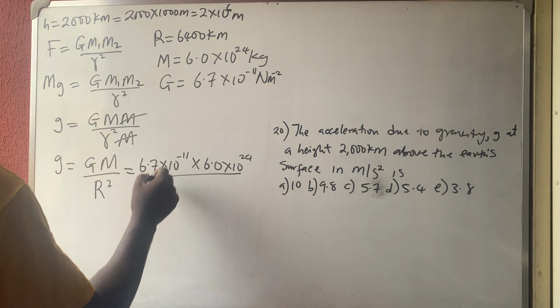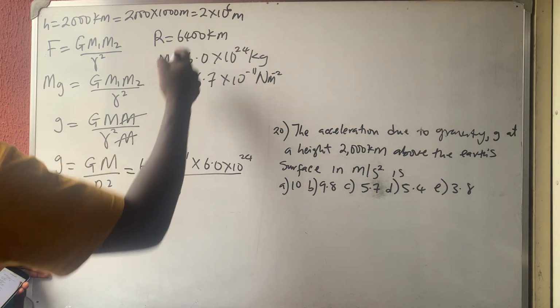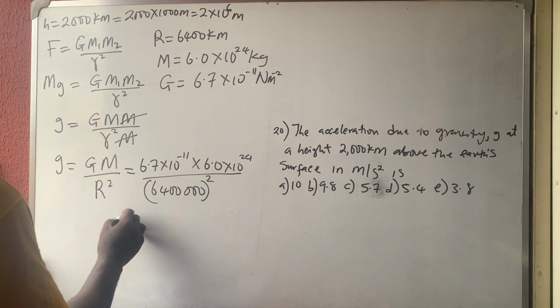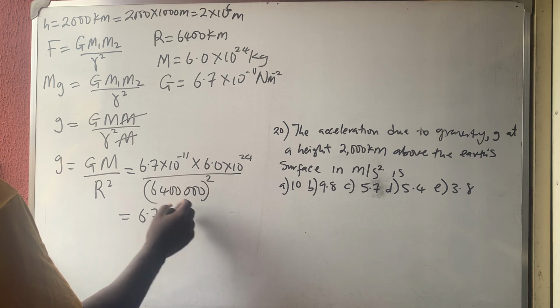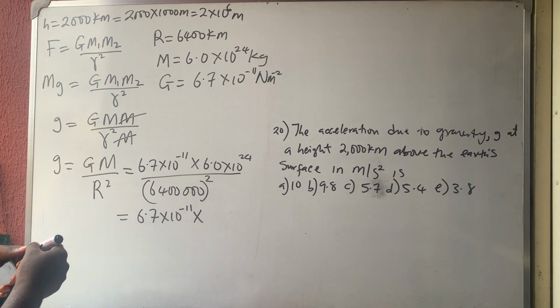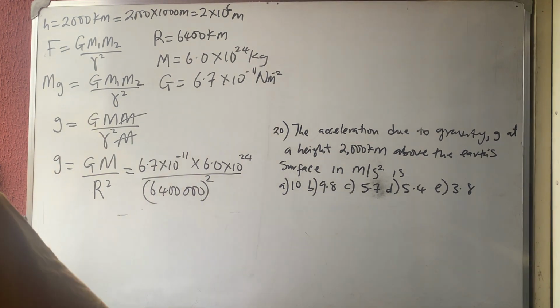This is 6400. To convert it to meter, add another 3 zeros, then all squared. So this is 6.7 times 10 raised power minus 11 times. In fact, press everything the way you are seeing it in your calculator to get the last answer.